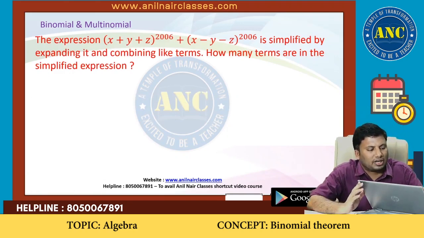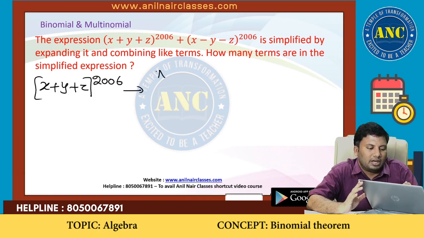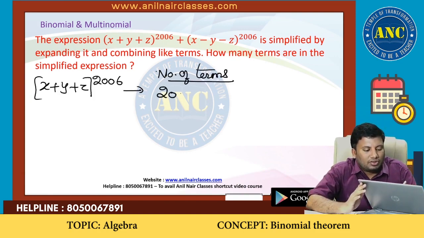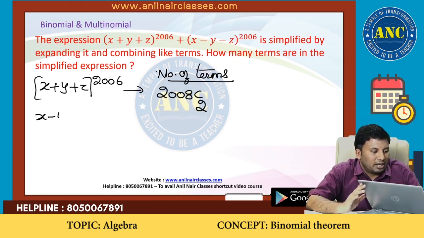The expression (x plus y plus z) power 2006. How many terms will be there? Total number of terms will be 2006 plus 2, which is 2008 C2. Next it is (x minus y minus z) power 2006.